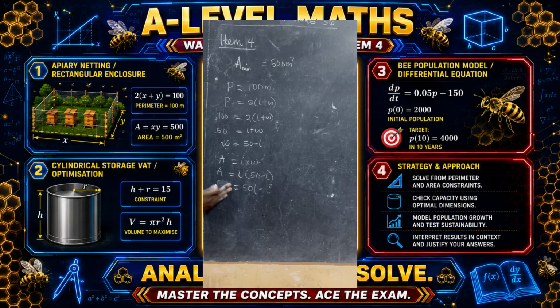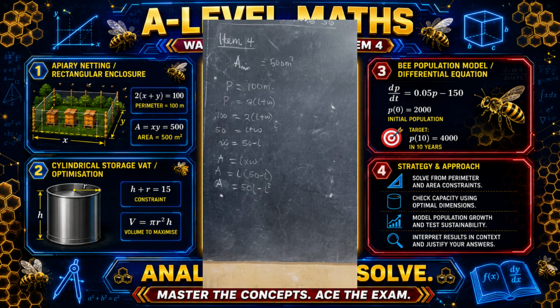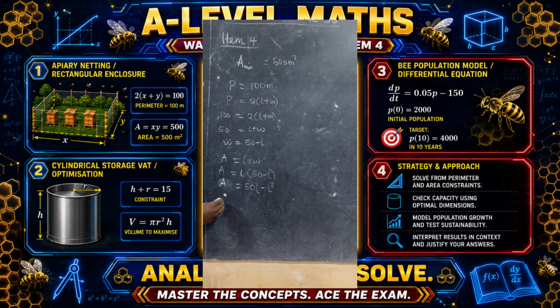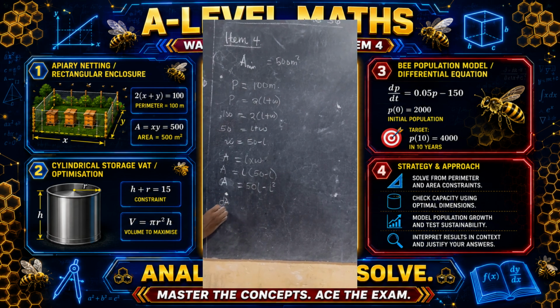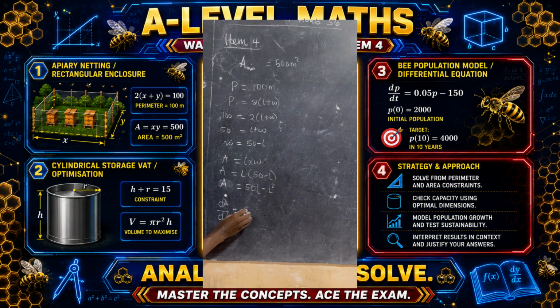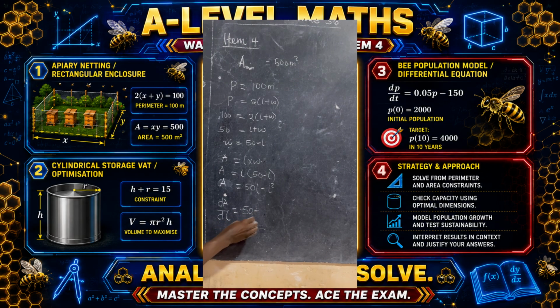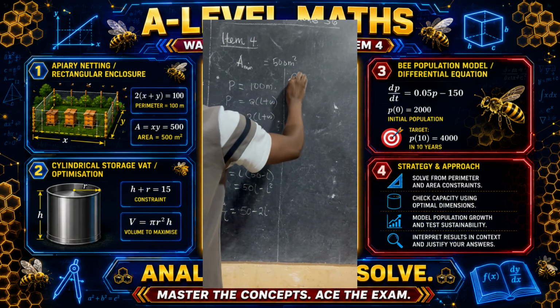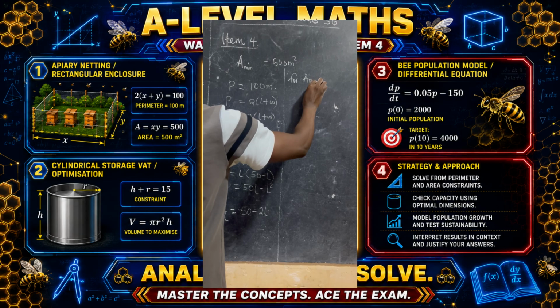The derivative of the area gives 50 minus 2L.